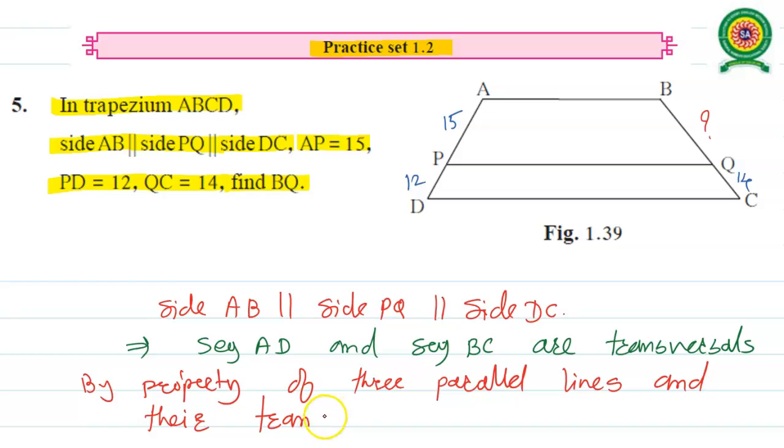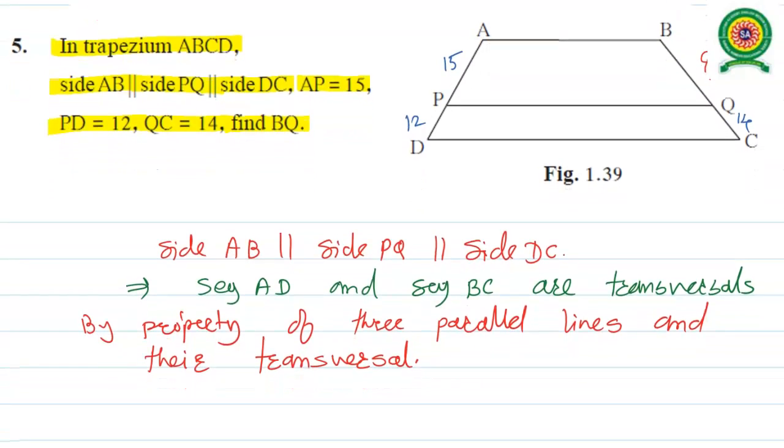What does this property tell us? It tells us that the intercepts made by the transversal within the parallel lines are in equal proportion. That means we can write AP divided by PD equals BQ divided by QC.